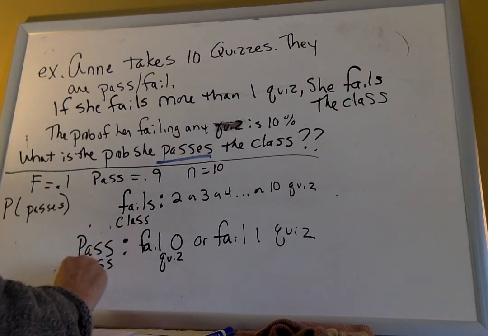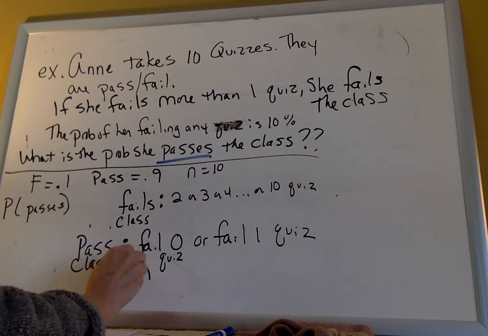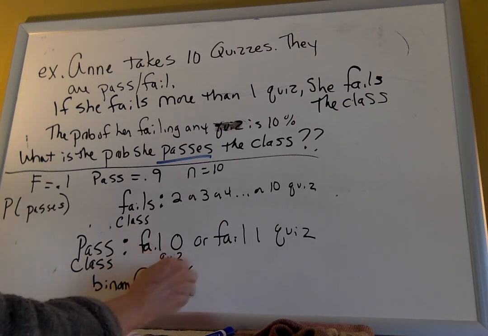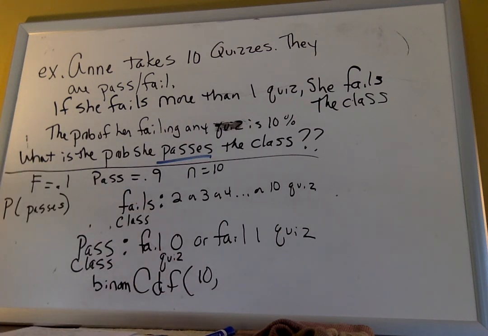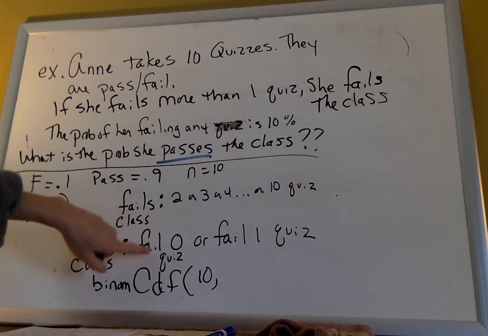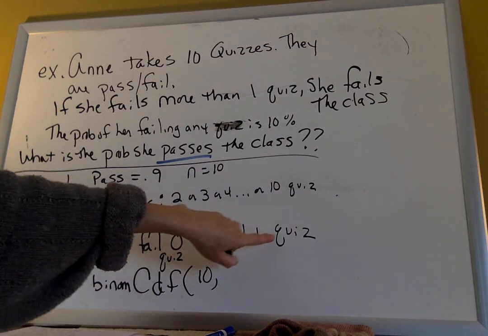So we're going to run binom CDF for the cumulative. I had 10 quizzes. Now remember, I don't care that this is about passing the class. We are trying to figure out the probabilities of failing 0 quizzes and failing 1 quiz.